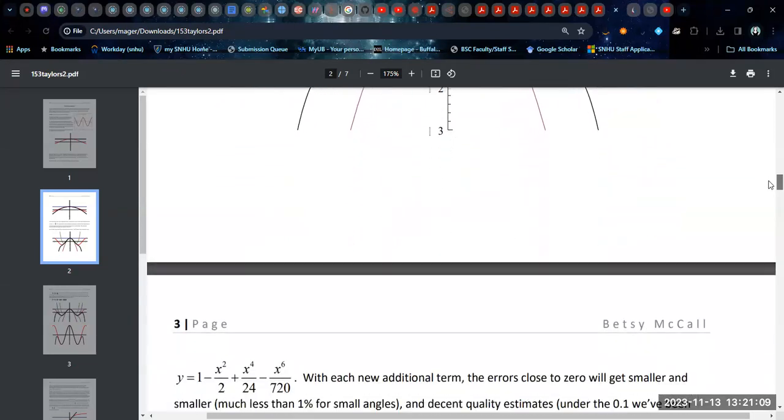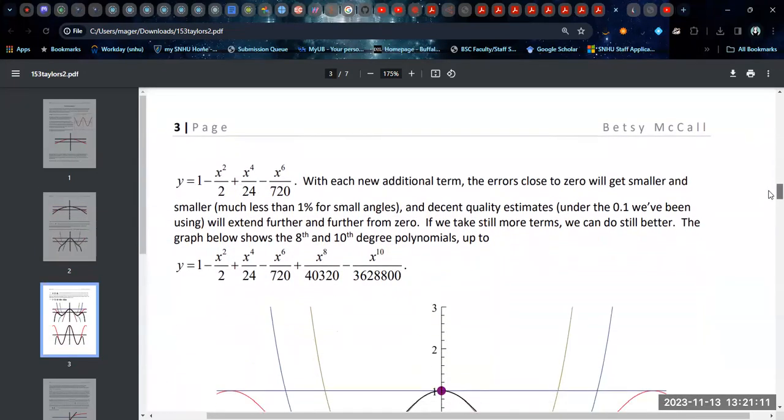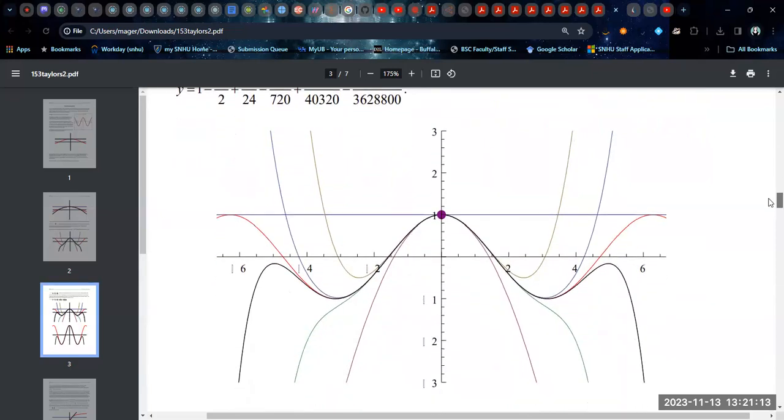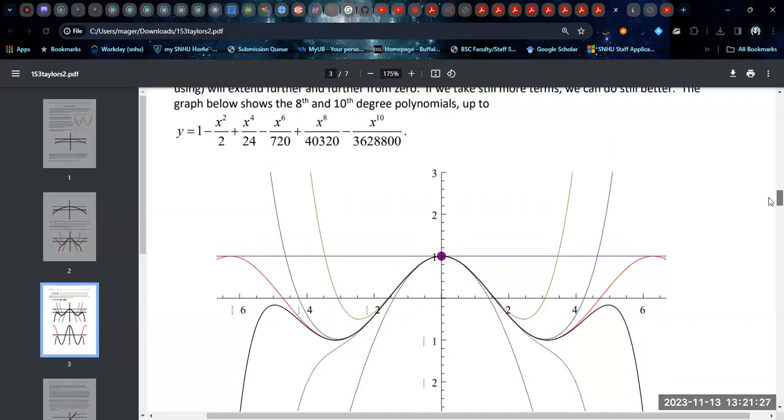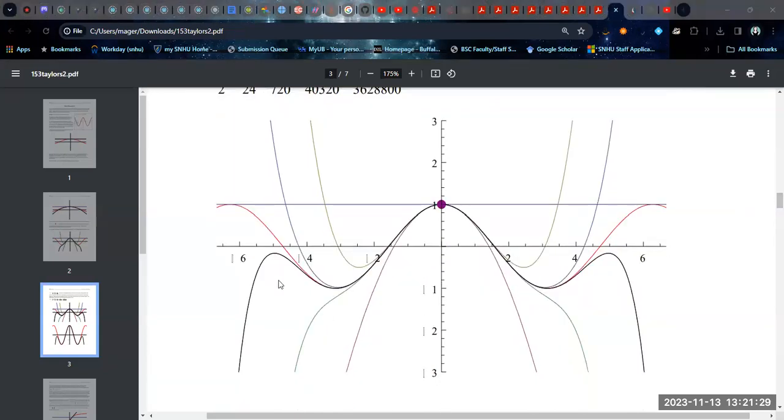Now, what happens if I want to know how many terms I should use to do my approximation? The question is always, how many terms do you need to do the approximation at a particular point? Notice now I've gone up to the degree 10 polynomial. That's my black line right here.